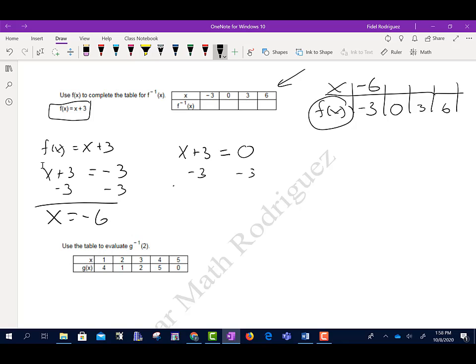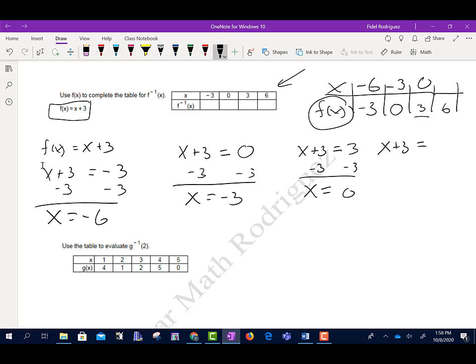So if I subtract 3 on both sides, I would get x equals -3. And if I did that again and said x plus 3 is equal to 3, and I subtracted 3 on both sides, we'd end up with x equals 0. And then if we did that one last time, x plus 3 was equal to 6, and we subtracted 3 on both sides, we'd end up with x equals 3.